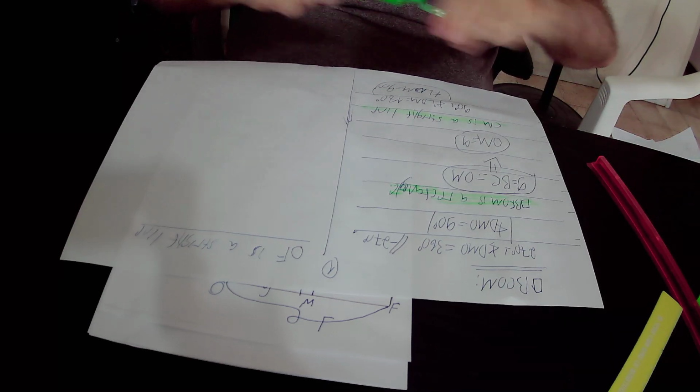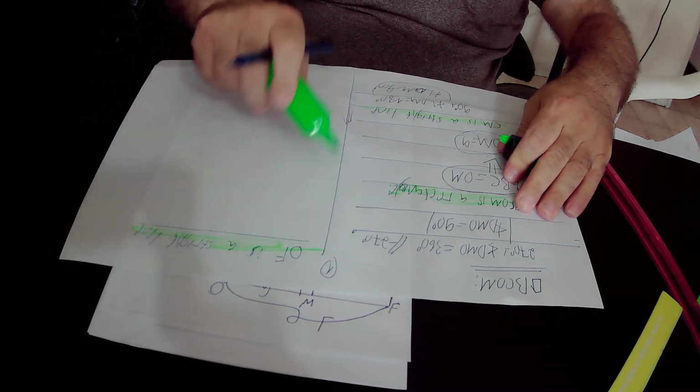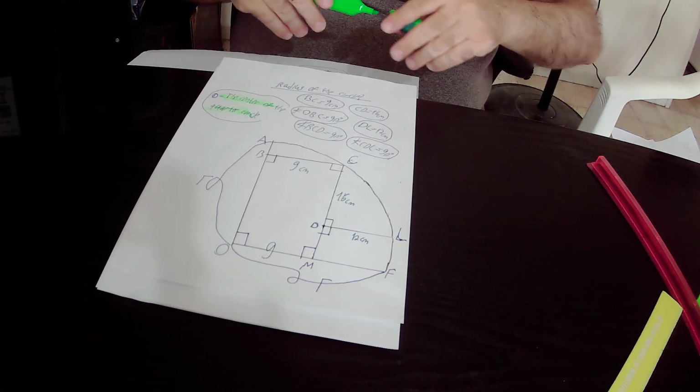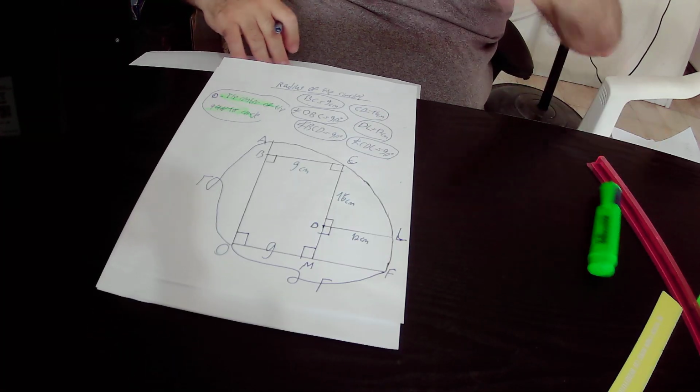So the radius of the quarter circle must be a straight line.